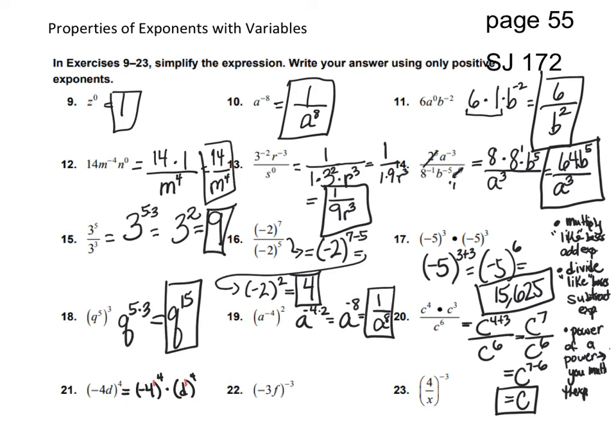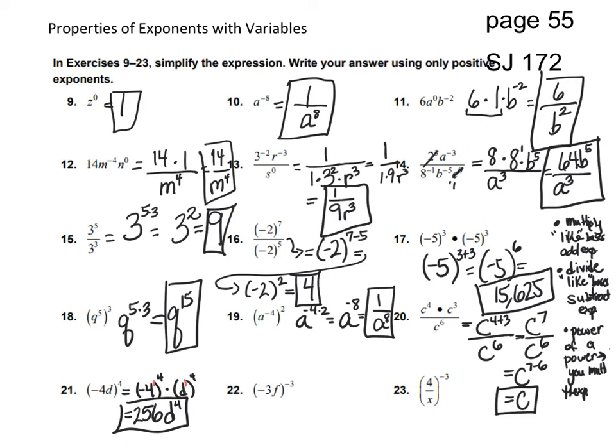And let me go through that. So that'd be negative 4 times negative 4 is 16. 16 times negative 4 is negative 64. And negative 64 times negative 4 is positive 256. And then d to the 1st power raised to the 4th power is d to the 4th power. That's my answer to 21.